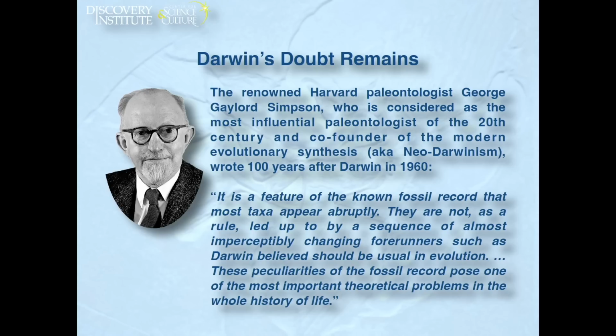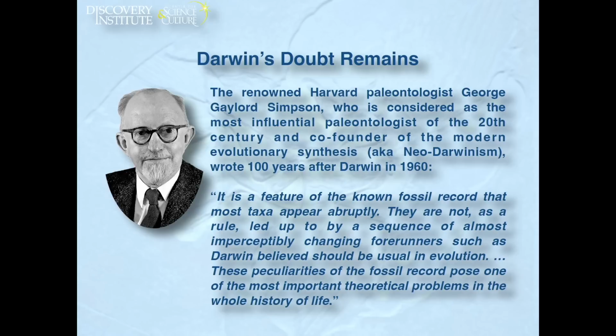But actually, when we look 100 years later, one of the followers of Darwin, another famous founder of modern evolutionary theory, George Gaylord Simpson, arguably one of the most prominent paleontologists of the 20th century, said on the occasion of the 100 years after Darwin, it is a feature of the known fossil record that most taxa appear abruptly.